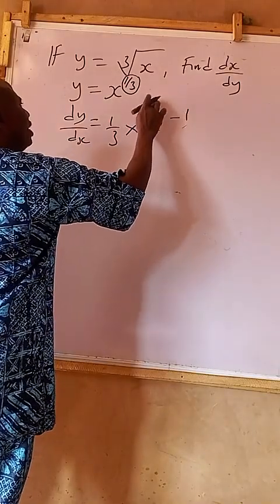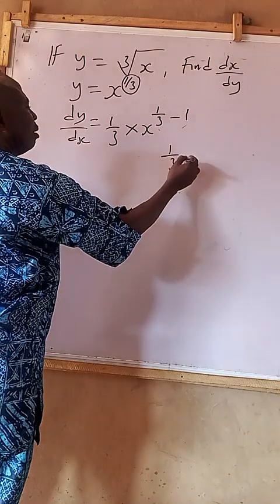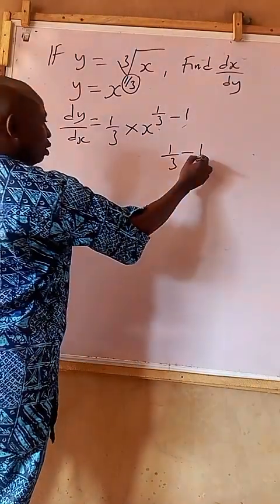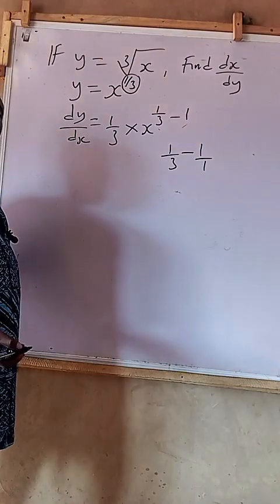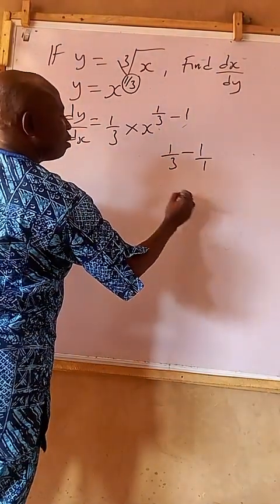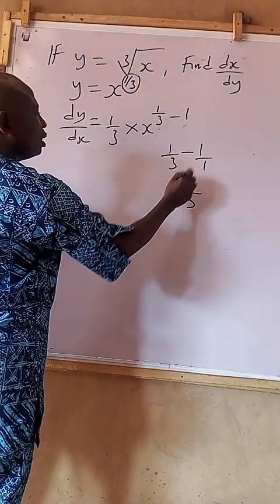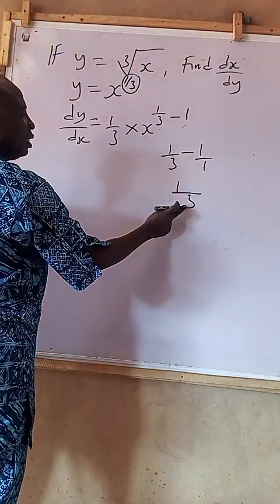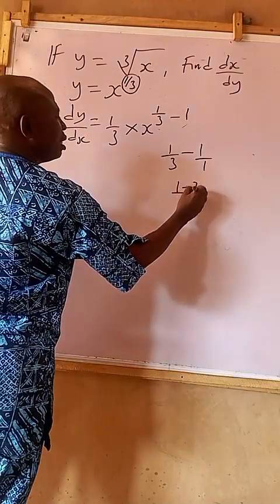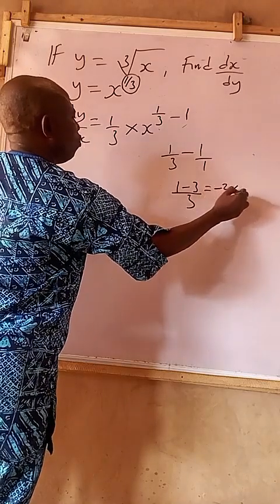So to find the LCM of that, you have 1/3 minus 1. But to make it easier, divide by 1, because 1 divided by 1 will still give you the same value. How many 3 here? 1. 1 times 1, 1. How many 1 can we find there? 3. 3 times minus 1 gives you minus 3. And when you add 1 minus 3, you get minus 2/3.